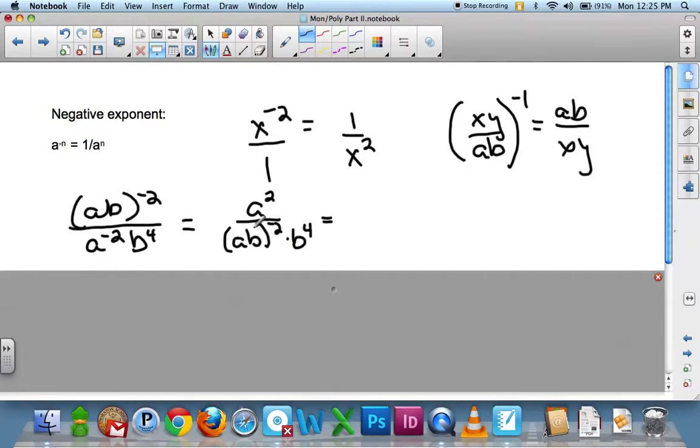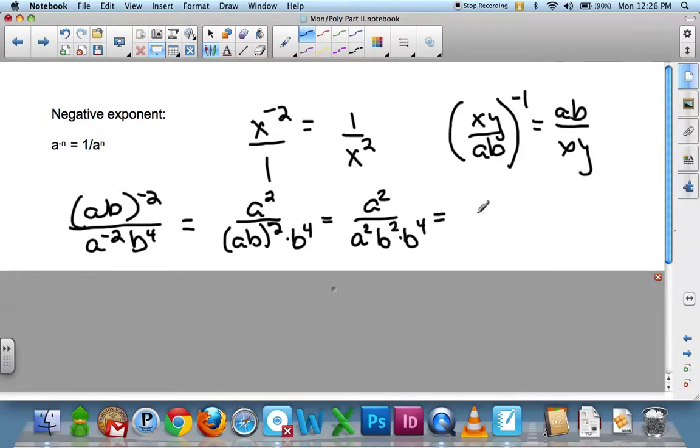Now you've got to deal with the fact that you've got ab to the 2nd power. So that means that a is squared because of the power of a power rule, and then you've got b squared times b to the 4th. So basically you're distributing this power, and we'll look at another example of this in a minute.